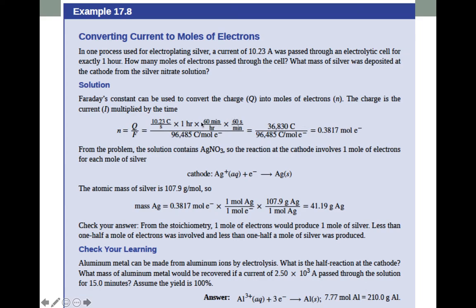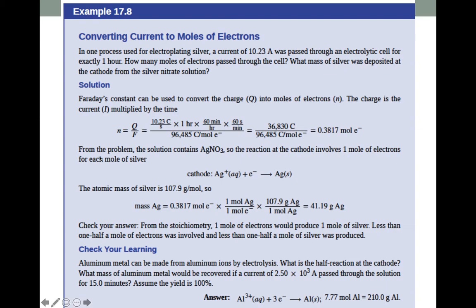And here they're converting that time from hours to minutes, minutes to seconds. And then they divide by Faraday's constant, which then gives us, and they did one calculation on top and left the calculation on the bottom, which I think is stupid, and got to this many moles of electrons.